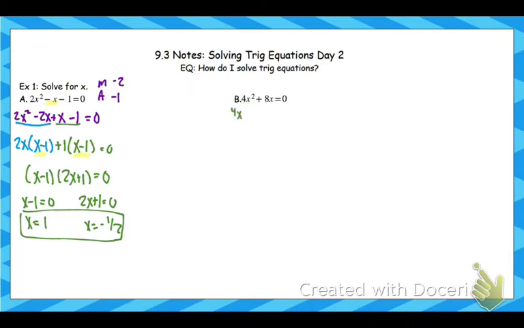If I take 4x out of 4x squared, I'd be left with x. If I take 4x out of 8x, I'd be left with 2. Then we set each term equal to 0 and solve each one. So I would divide by 4 and get x equals 0, and I would subtract 2 and get x equals -2. So those are 2 different kinds of factoring that we're going to look at today.